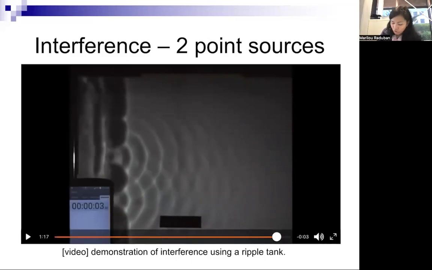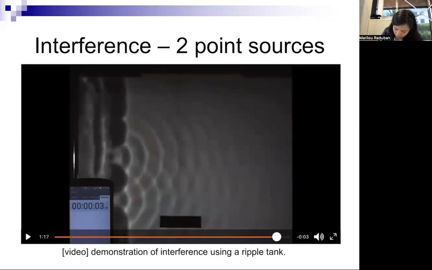Okay, so let me just pause the video and emphasize some points here. It's a good demonstration. You can clearly see constructive and destructive interference. So the light lines here represent the crests of the wave, and the darker sections, that darker line here, represent the trough of the wave.